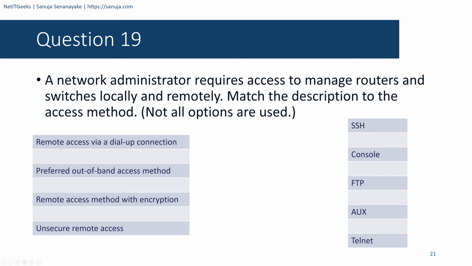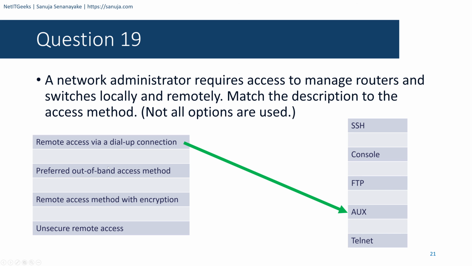Remote access via dial-up connection is a really old method, and most likely you know that it is going to be the aux connection. So remote access via dial-up connection is always going to be aux. Preferred out-of-band access method: what does out-of-band mean?